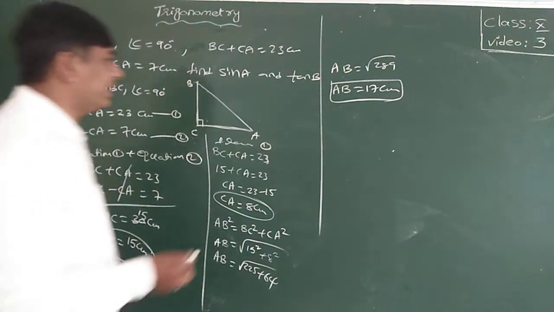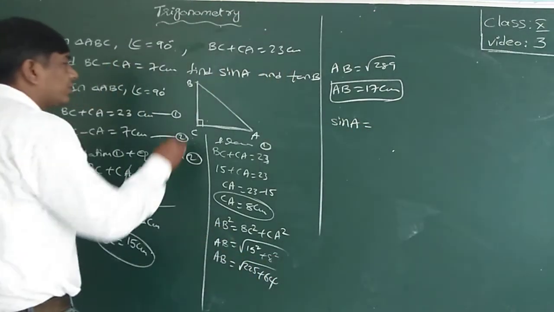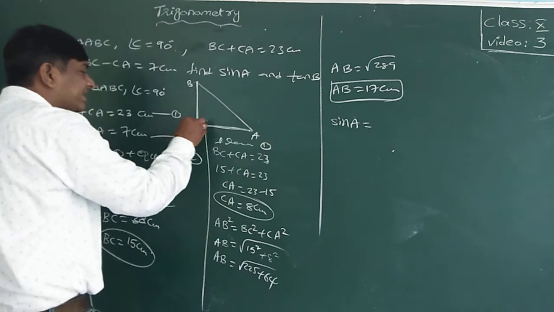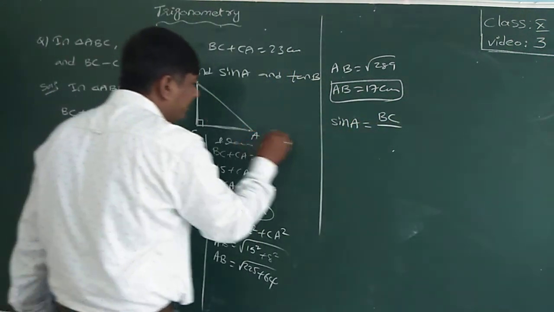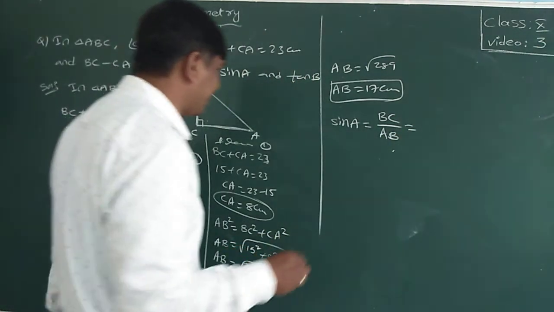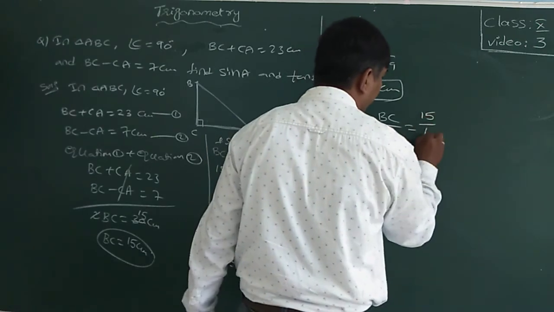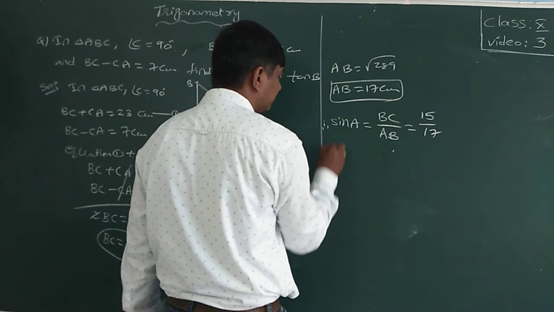Now, what do you require here? Sin A is equal to opposite side BC over hypotenuse AB, that is 15 by 17. We don't get any cancellation.